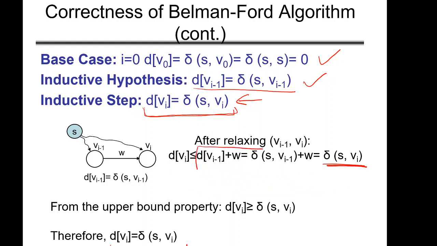So we can remove all this and conclude that d of Vi is less than or equal to this.